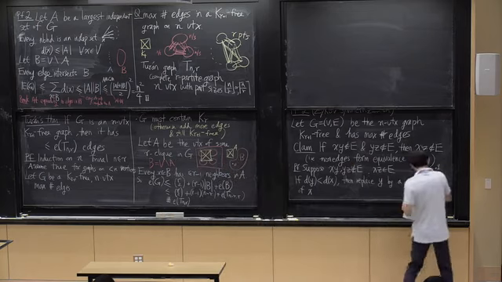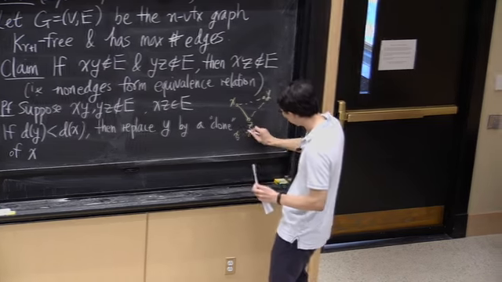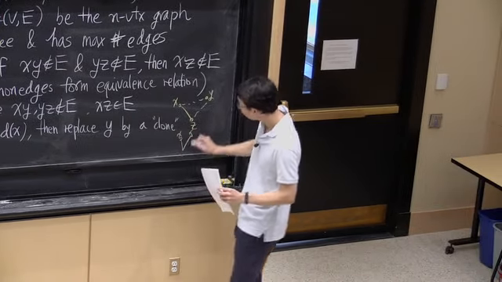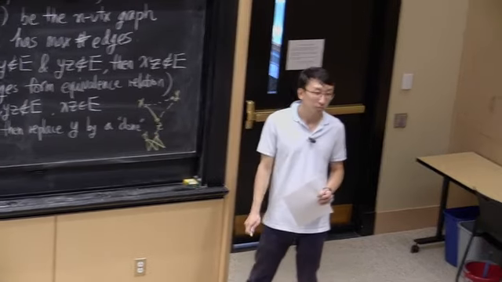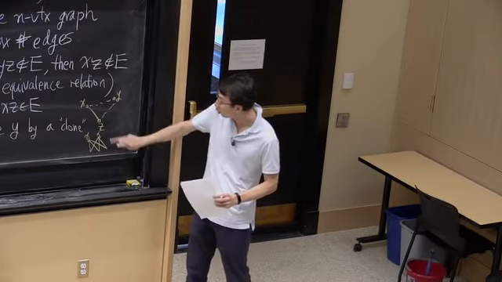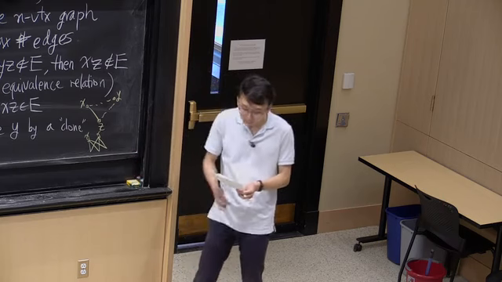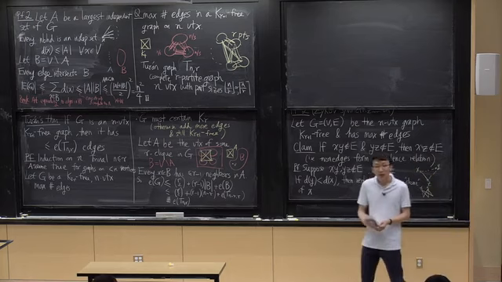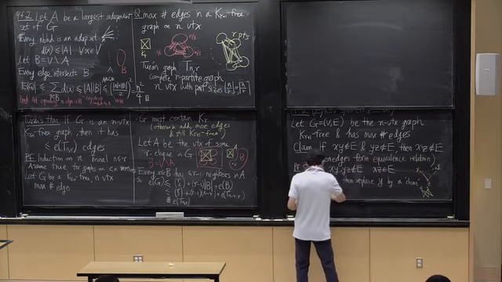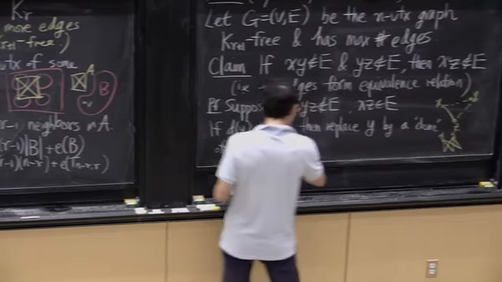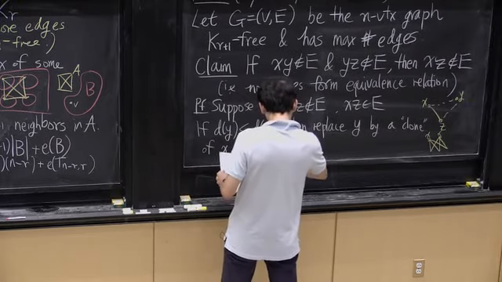Cloning it means taking some x prime and adjoining x prime to all the same neighbors as x. So clone x into some other vertex x prime. Now, when you do this, I claim that you also get a graph that is free of K_{r+1}.